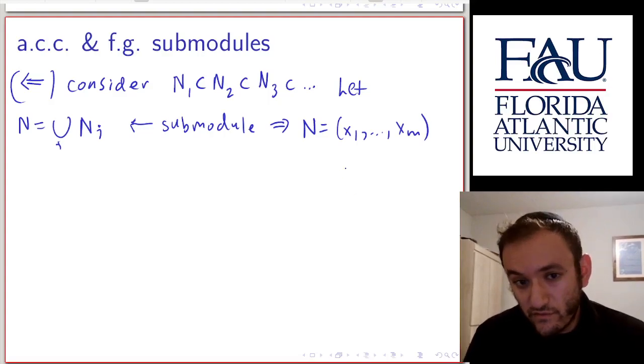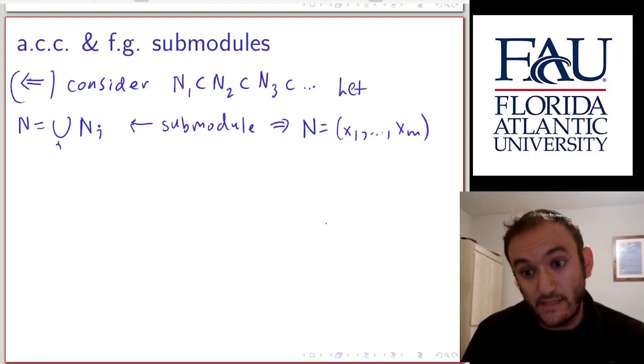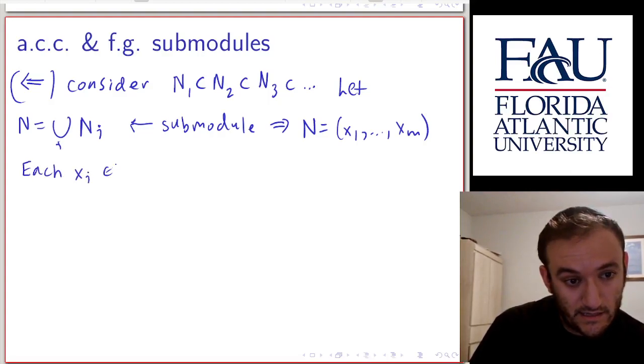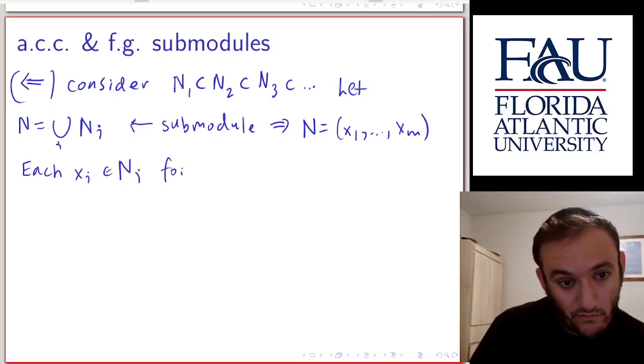But if you have finite generation, each of these xi's has to be in some Ni. So each xi is in Ni for some i.